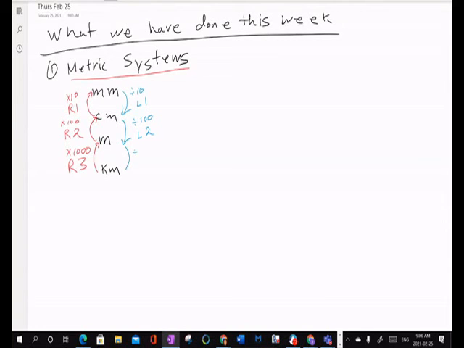And again here, we divide by 1,000, which means we take our decimal and move it to the left 3. So remember, when we were dealing with metric systems, all we did was move the decimal left or right according to our chart.